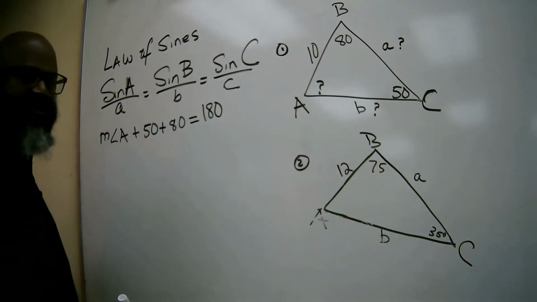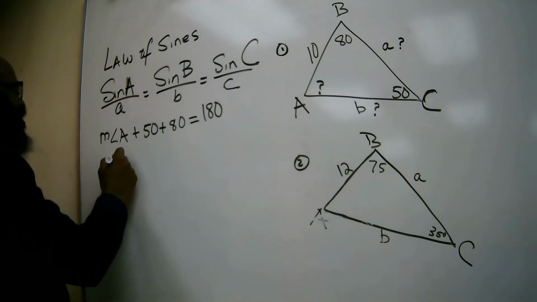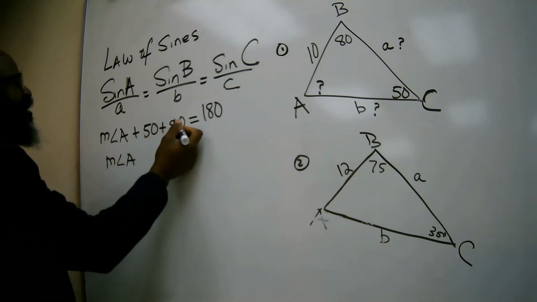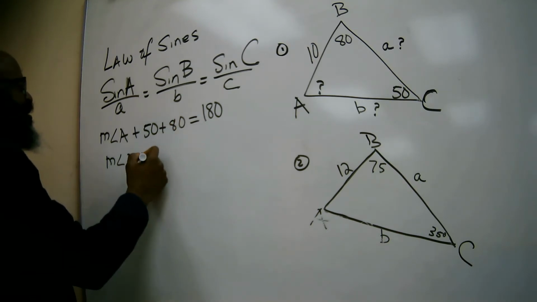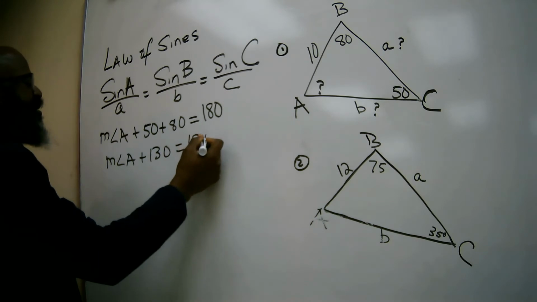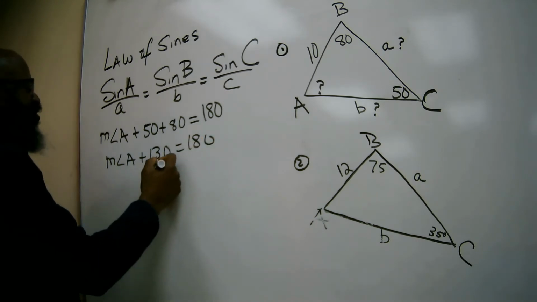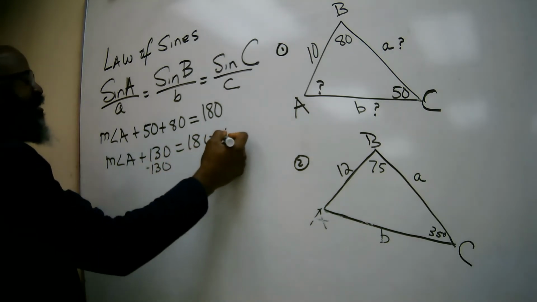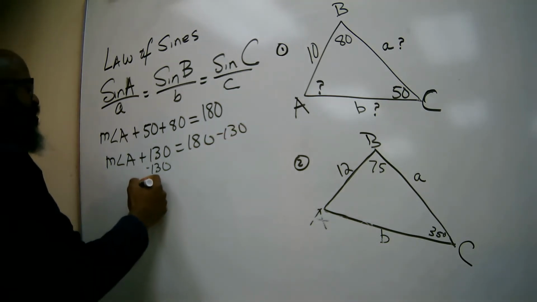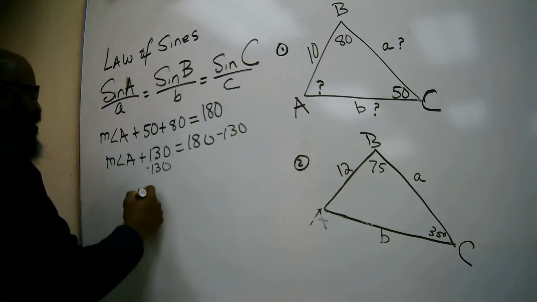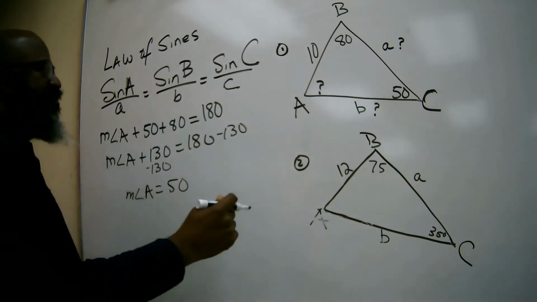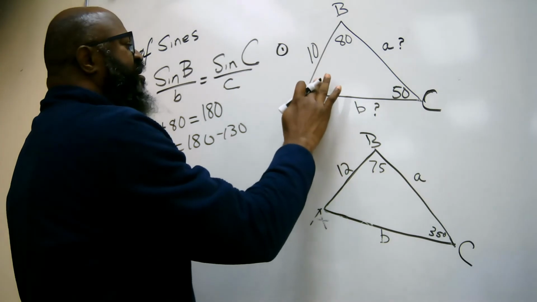So 50 plus 80 is 130, plus angle A is equal to 180. Then you subtract 130 from each side. As you can see, the measure of angle A is 50.